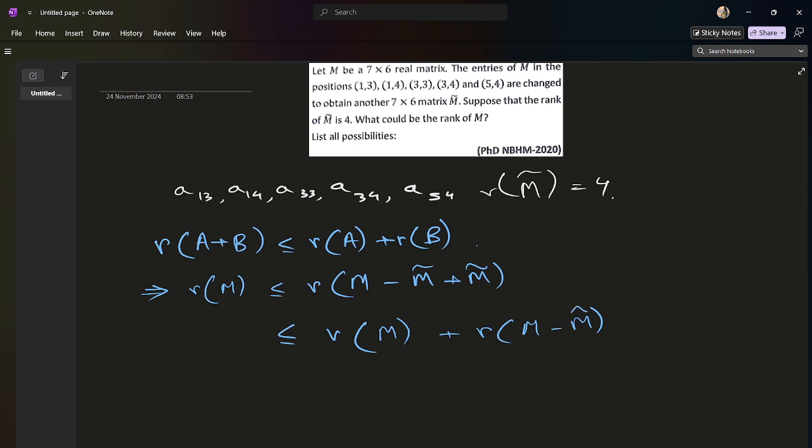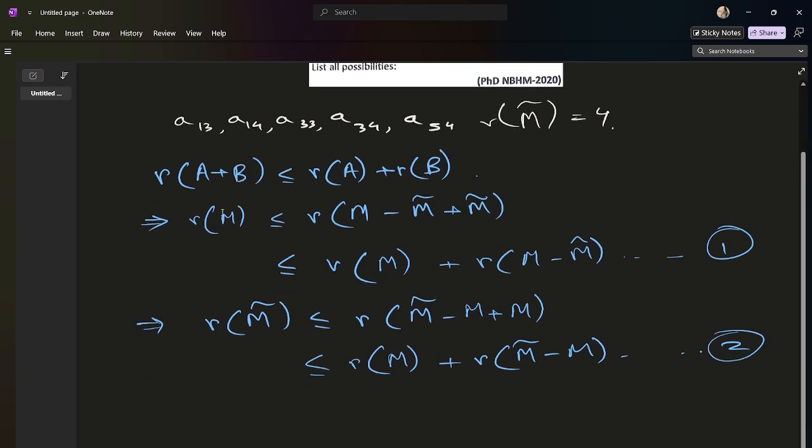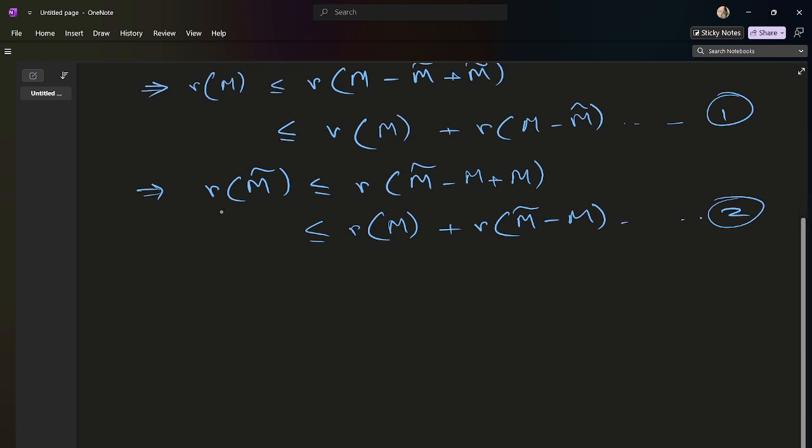So this is my first equation, and the second equation in a similar manner will be rank of M cap is less than or equal to rank of M cap minus M plus rank of M. Then we can easily write it. So till now these are the easier things, then some tricky thing will appear.